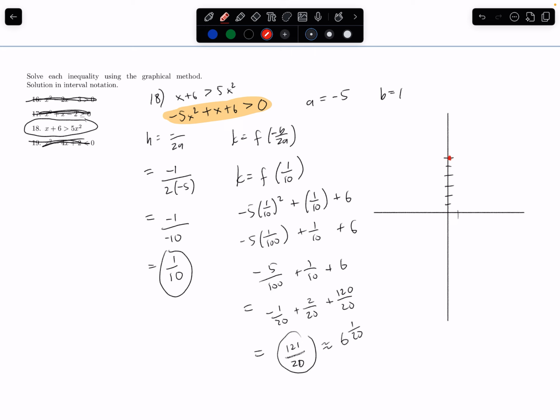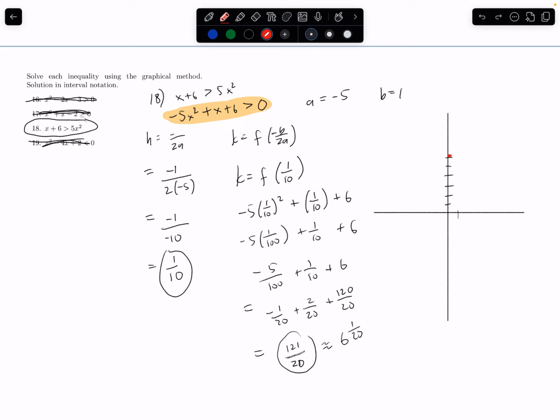And your a is -5, which means you're opening downwards. When you go left 1, down 5, you count 1, 2, 3, 4, 5. That point is just slightly, barely visibly above the 6 and slightly to the right, something like this right here.